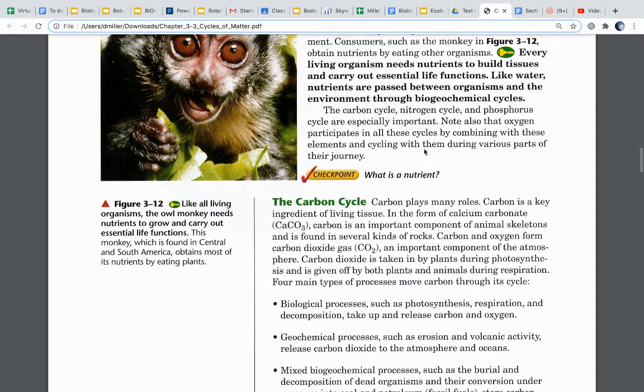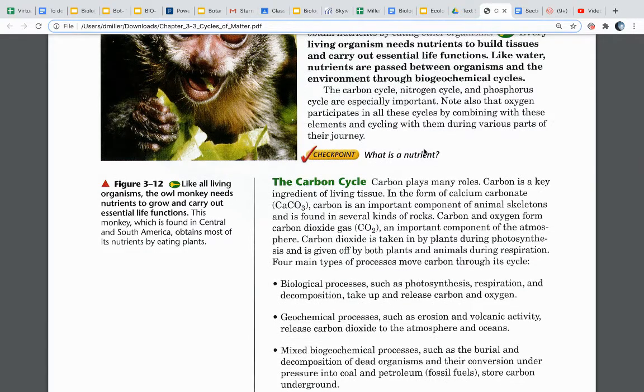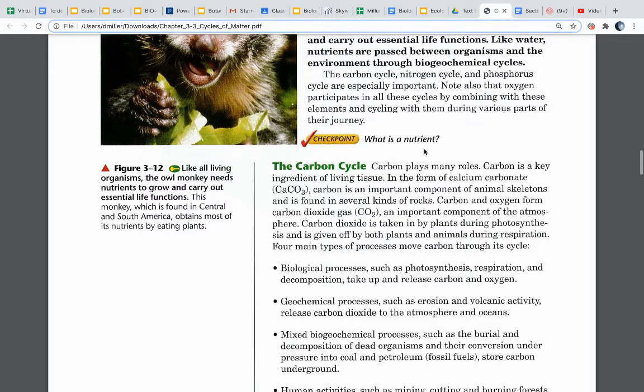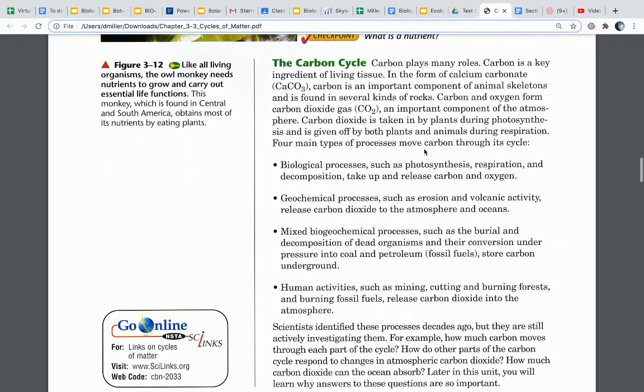The carbon cycle, nitrogen cycle, and phosphorus cycle are especially important. Note also that oxygen participates in all these cycles by combining with these elements and cycling with them during various parts of their journey. The carbon cycle. Carbon plays many roles. Carbon is a key ingredient of living tissue.